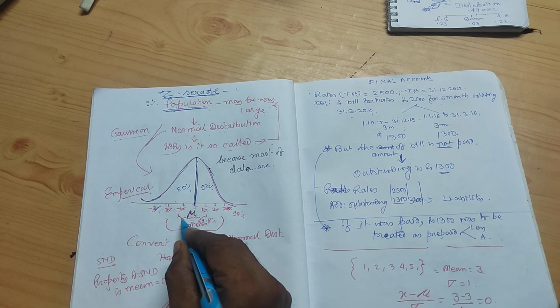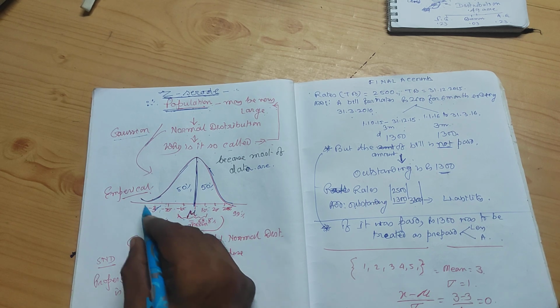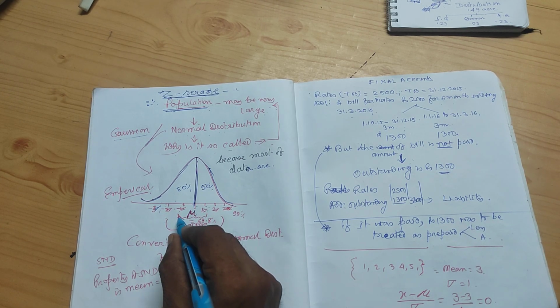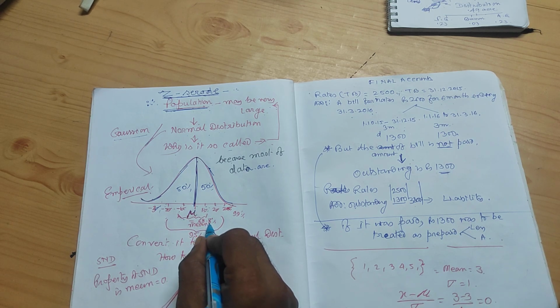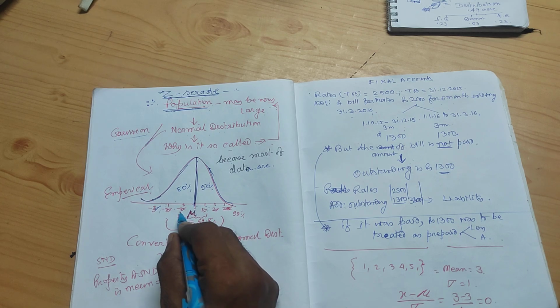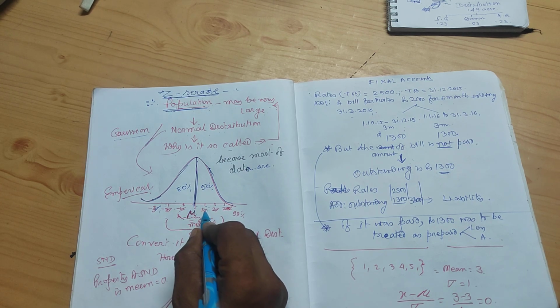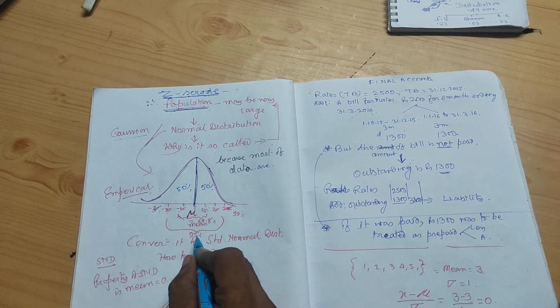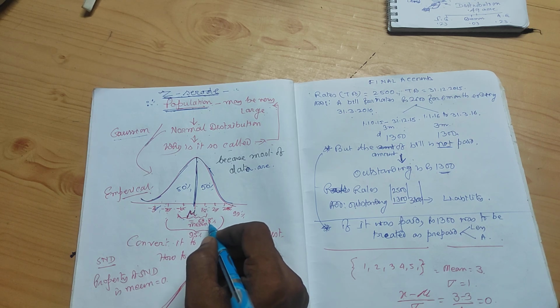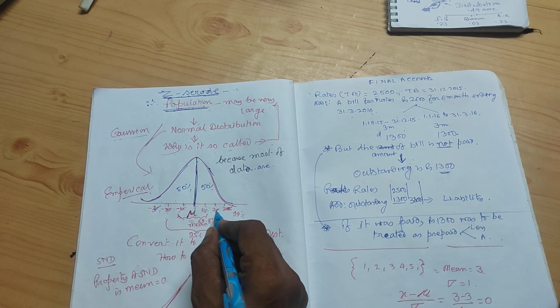So these are the characteristics of normal distribution. Empirically, we have seen that 68% of the data are concentrated between minus 1 SD and plus 1 SD, and 95% of the data are concentrated between plus 2 SD and minus 2 SD.